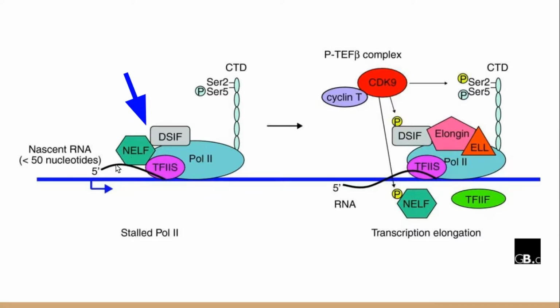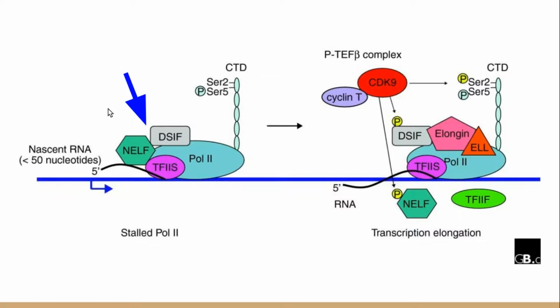Right here you can see NELF binding the RNA that's coming out of the polymerase 2. Well, enhancer RNA can come in and act as a decoy to bind NELF and prevent it from associating with the elongation complex.